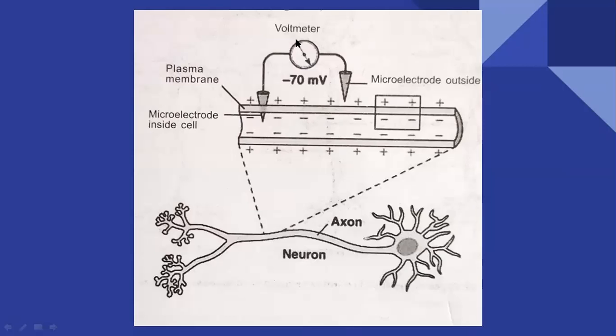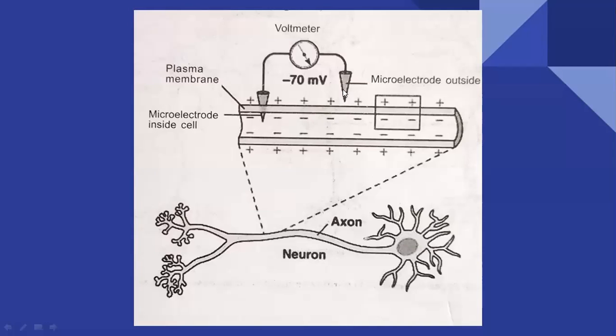In this slide, you can see a voltmeter. In this voltmeter, a needle will be there, and we can insert two electrodes into the neuron. One electrode enters the inside of the neuron, that means into the axoplasm or cytoplasm of the neuron, and another electrode is placed on the neurolemma or plasma membrane of the neuron.